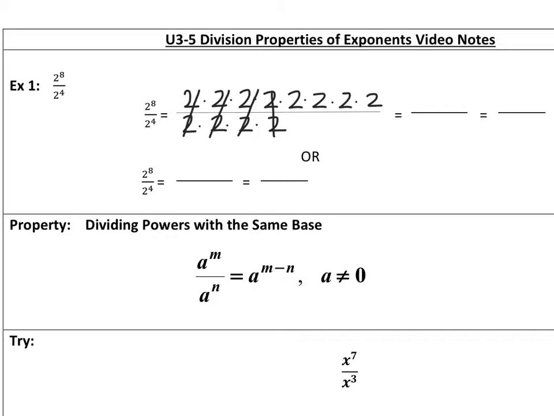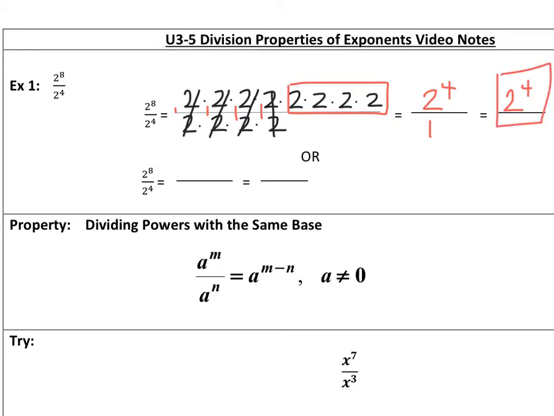What we're left with on the top of our fraction is 4 2's, so we're left with 2 to the 4th. On the bottom, since 2 divided by 2 is 1, each time, we end up with a 1. And we can just write that as 2 to the 4th power. If we wanted to write that expression out, we could.